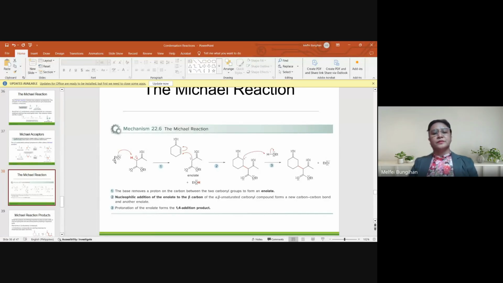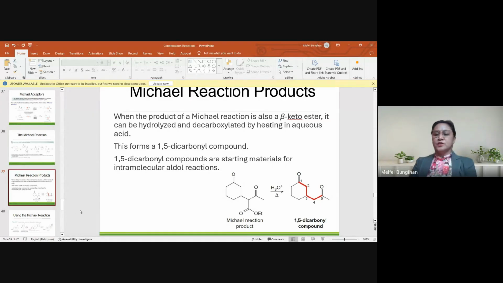So this is the detail of what I've discussed so far. And so in the Michael reaction, we call it the 1,4 addition product, because we added the enolate at the 1,4 position of your electrophilic hybrid. So here, in this case, you have the 1,5 dicarbonyl compound as the product.